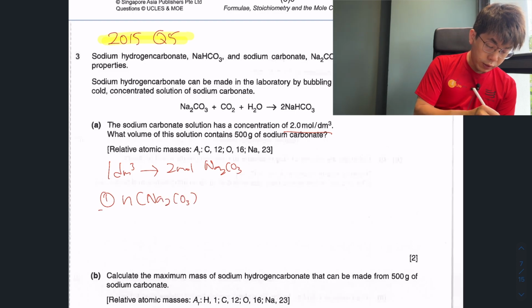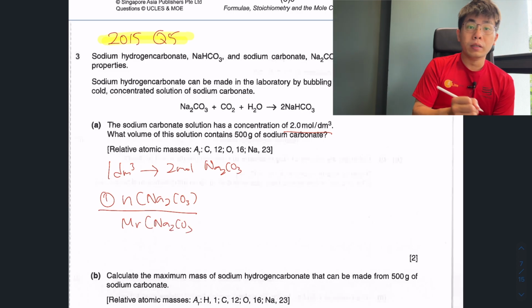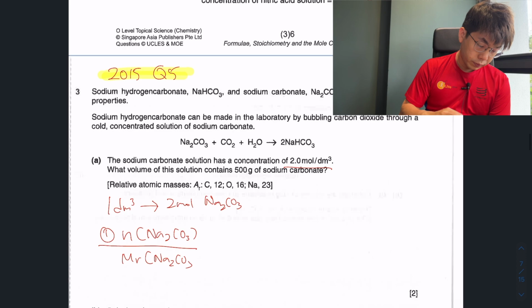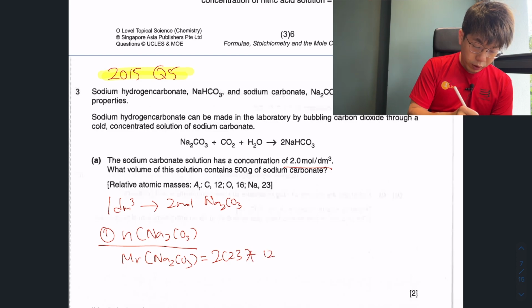So we need to first find the Mr. The Mr of sodium carbonate equals 2 times 23 plus 12 plus 3 times 16.